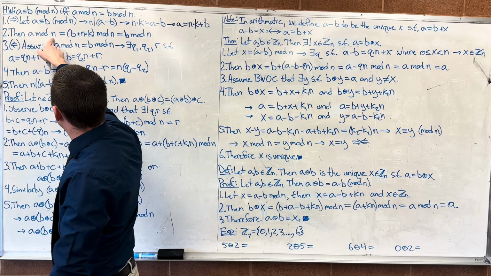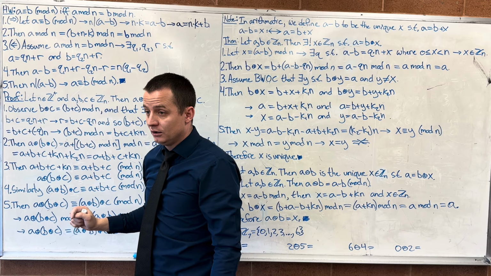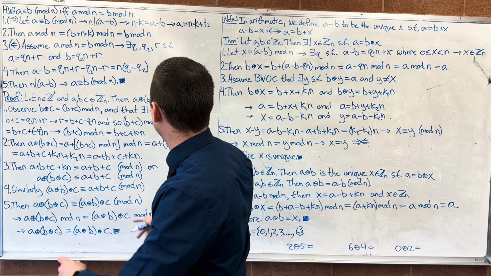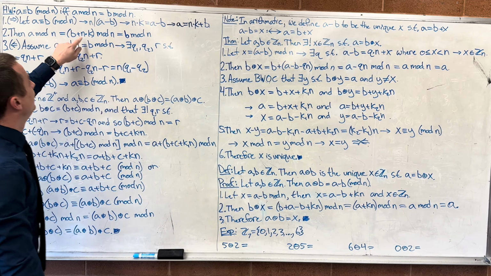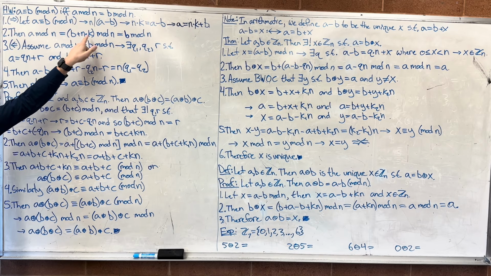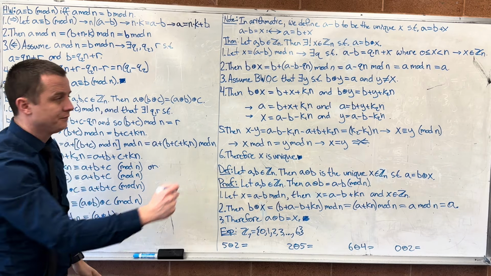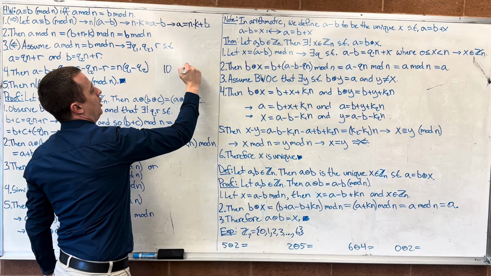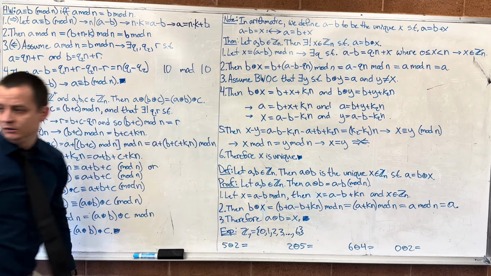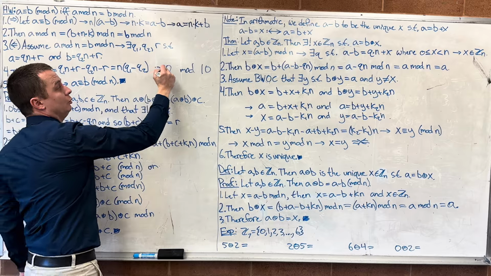Alright, so A mod n is equal to (nk + b) mod n. Now, maybe I'm doing too much of a leap. n times k mod n is always and forever 0. Let's say that I'm doing mod 10. What is 10 mod 10 equal to? 0. But what if we do 2 10s?